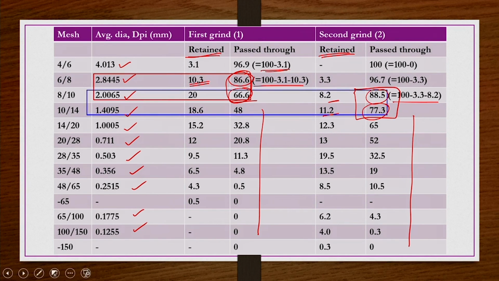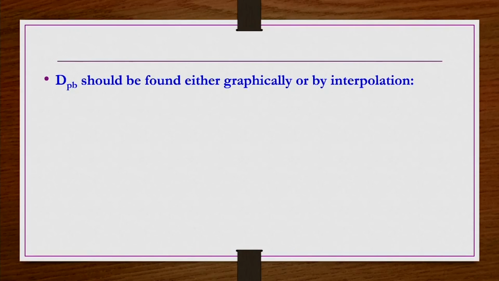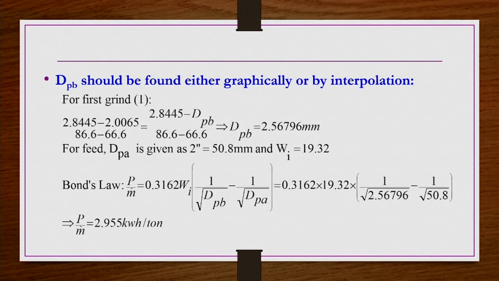So, for the first case, DPB would be somewhere between 2.8445 and 2.0065, and then for the second case DPB would be somewhere between 2.0065 and 1.4095. So, those things only we are going to find out and simply substitute in the Bond's law, rest everything is known. DPB should be found either graphically or by interpolation.